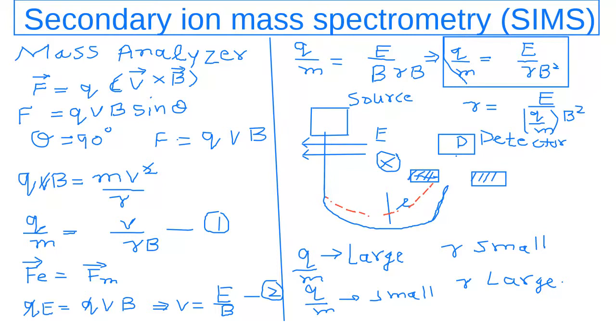If you have the M value smaller, then R will be larger. The red one, which has the small value of R, and the green one, which has the larger value of R, will not go to the detector. They will be blocked by these blocks. These are the blocks.